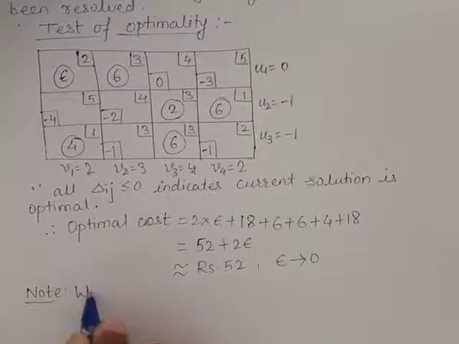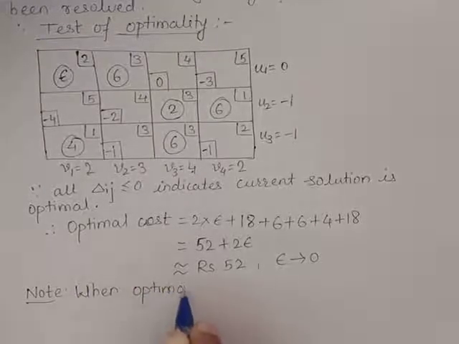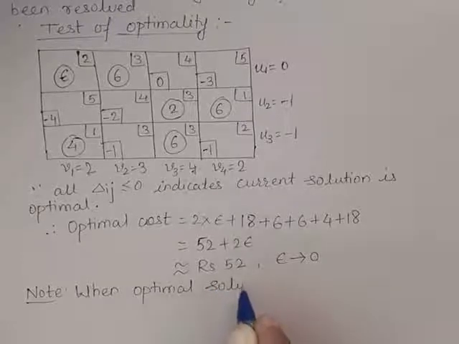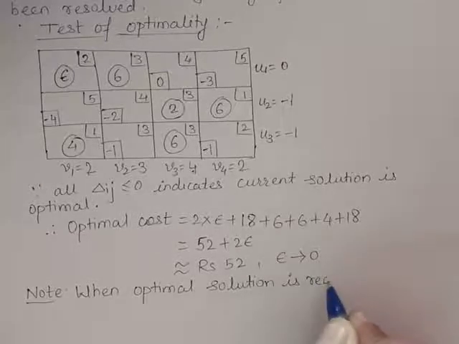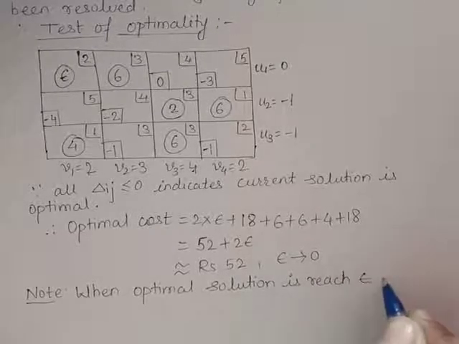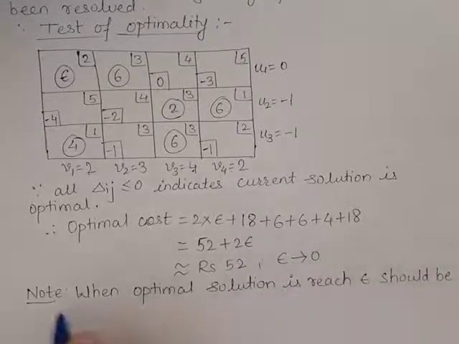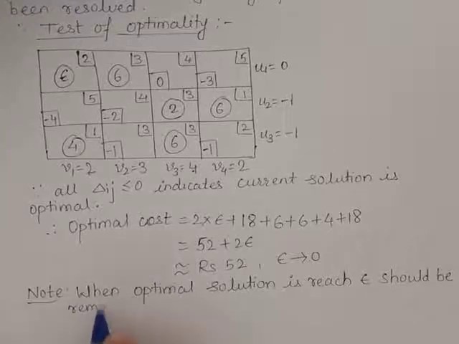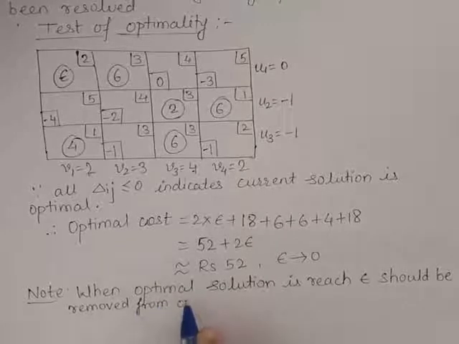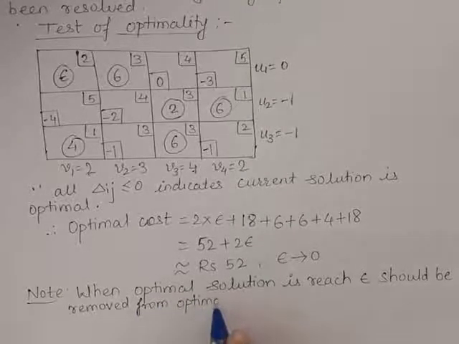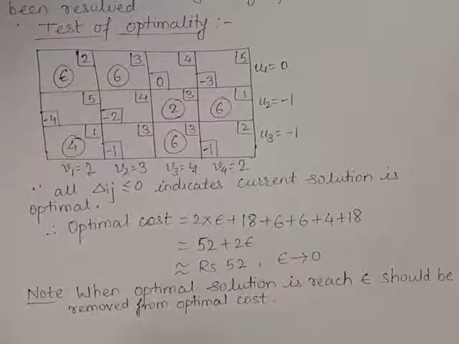When the optimal solution is reached, epsilon should be removed from the optimal cost. It will be removed from the optimal cost.